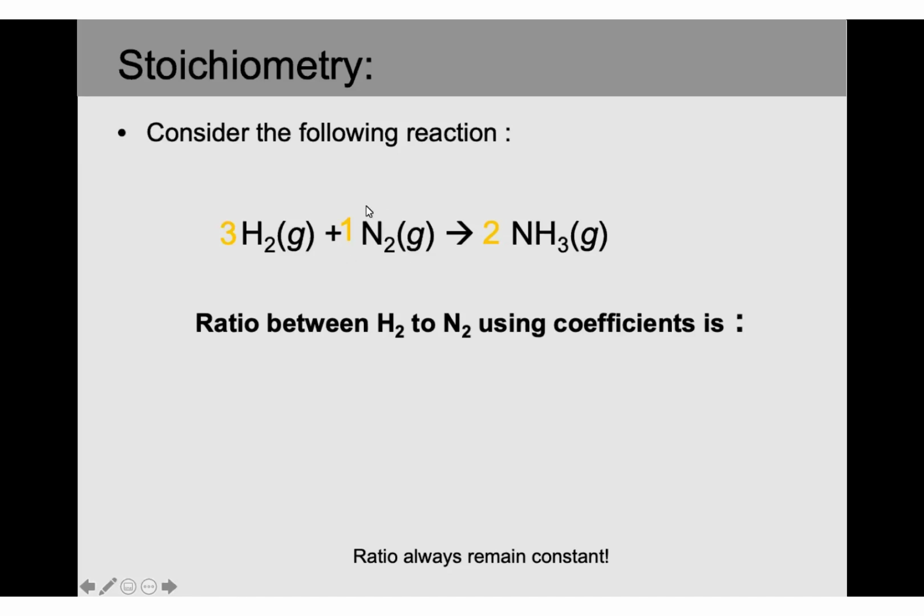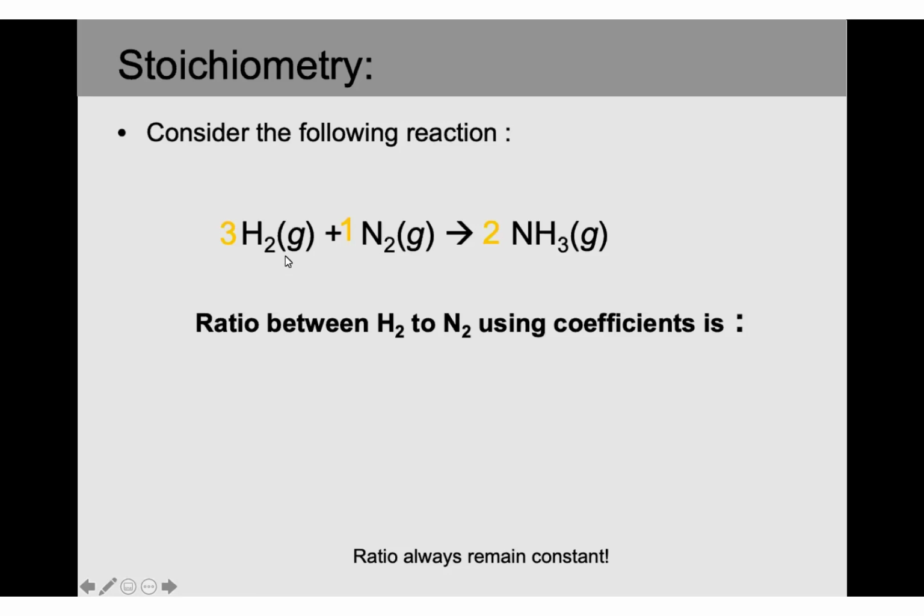You might ask, okay, how can I do that? I know that hydrogen has a subscript 2 here, N has a subscript 2 here, but no, we don't look at the subscripts in the compound to relate them. We use the coefficients in front of the compounds to relate them to each other.